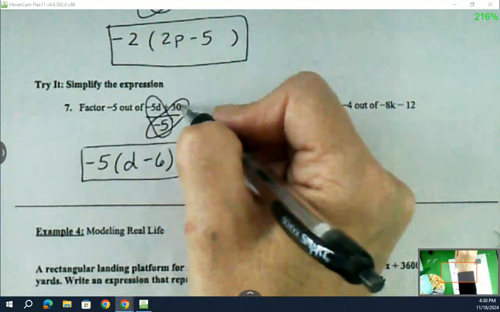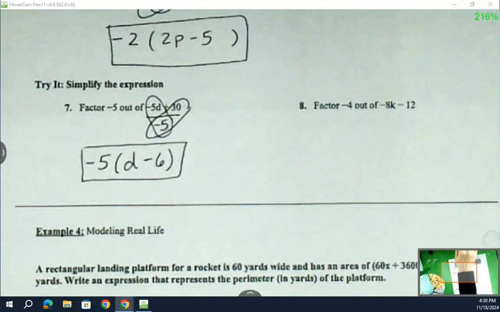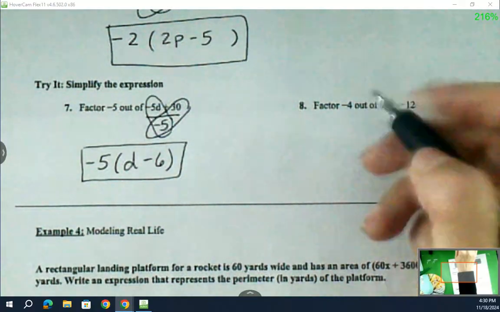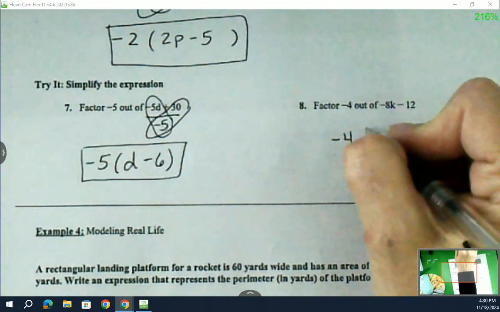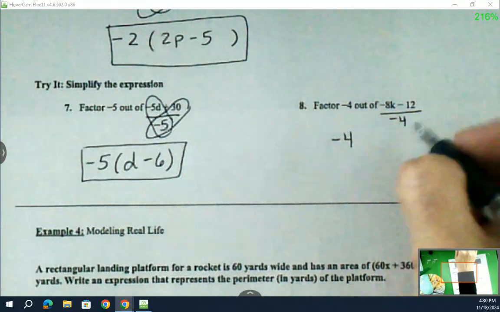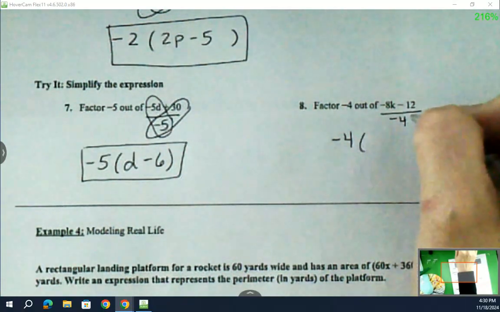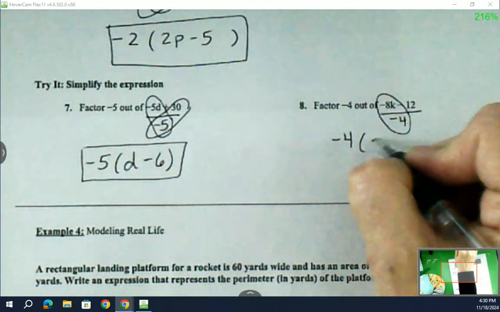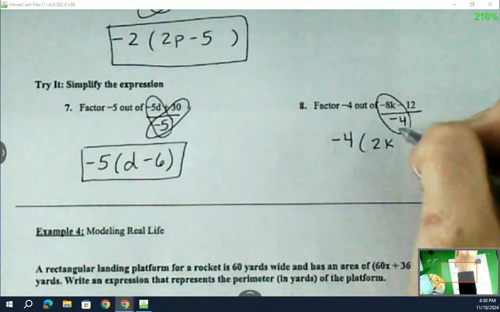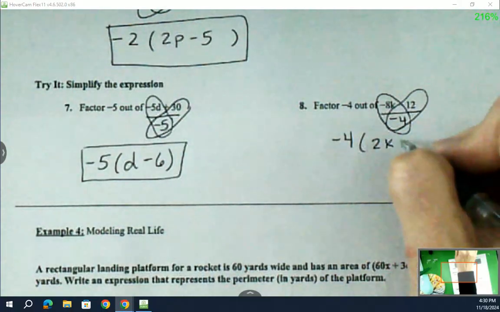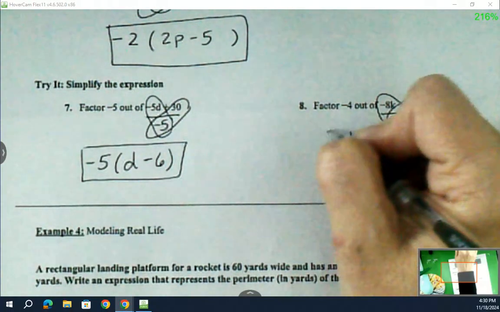Again, you can divide the numbers using your calculator if needed. All right, negative 4. Negative 8k divided by negative 4 is positive 2k, and negative 12 divided by a negative 4 is positive 3.